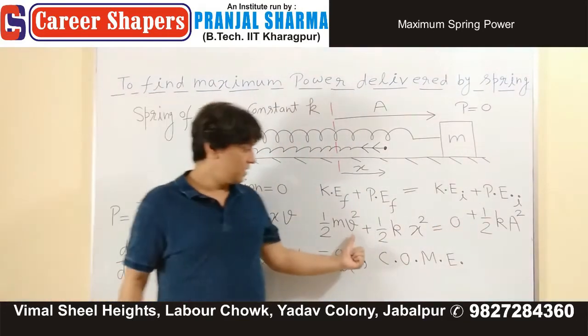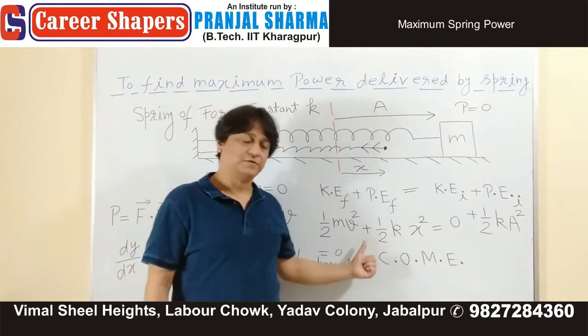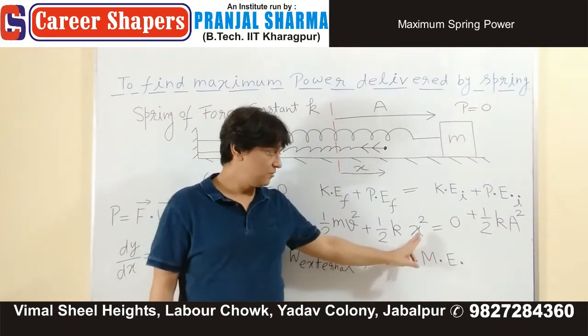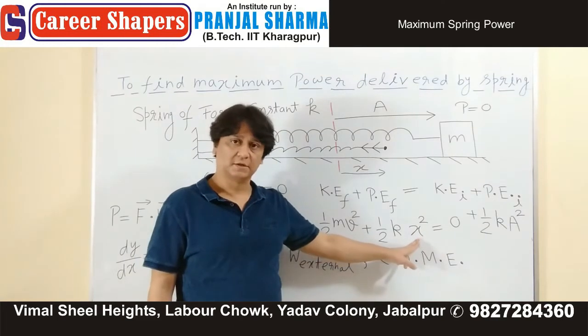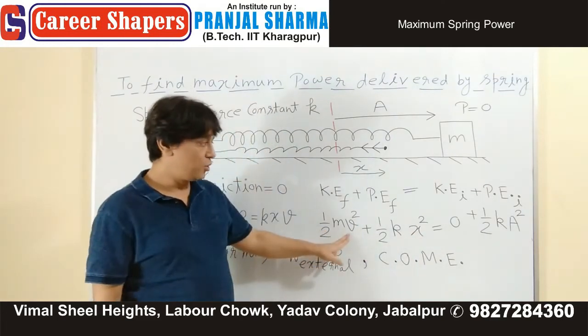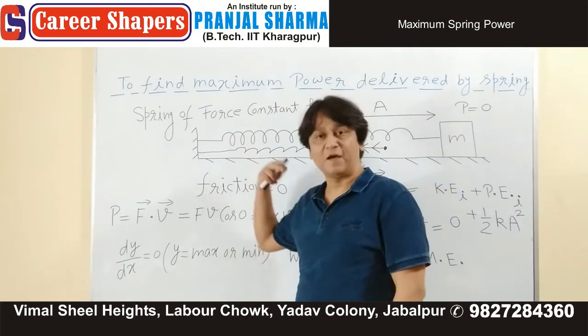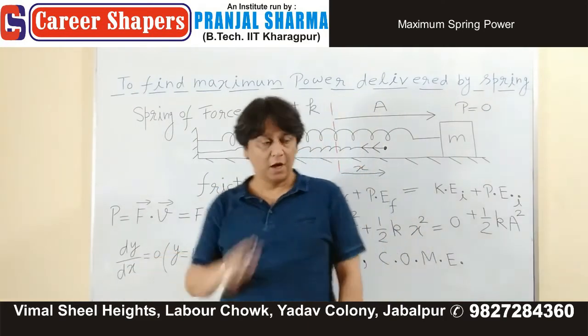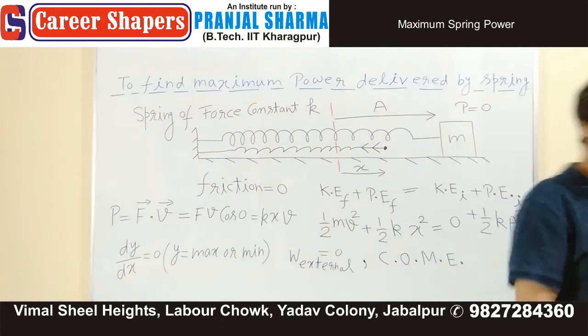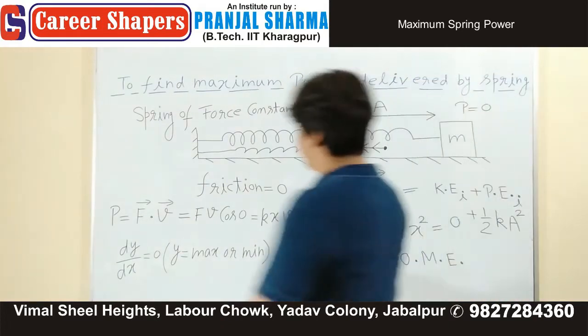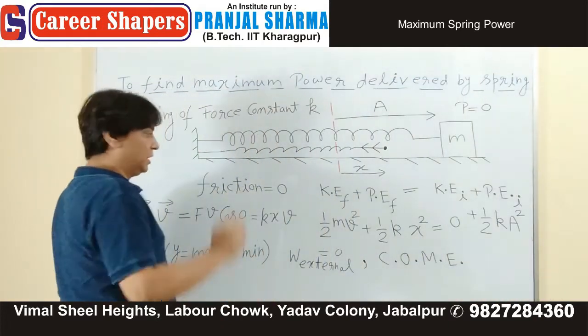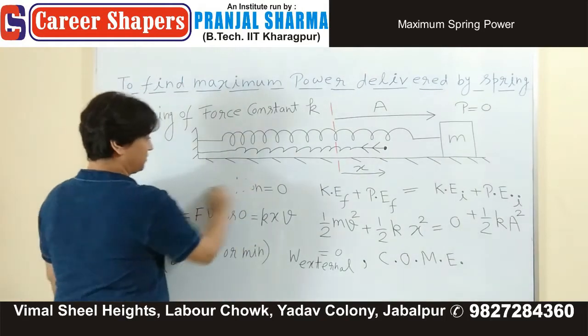You can see that this equation gives us v as a function of x. We'll put this value of v in this, and then we have to differentiate. Now, how do we differentiate and how can we save time on calculation work? Let's look into that part now.